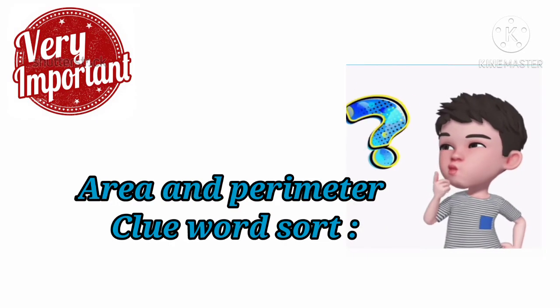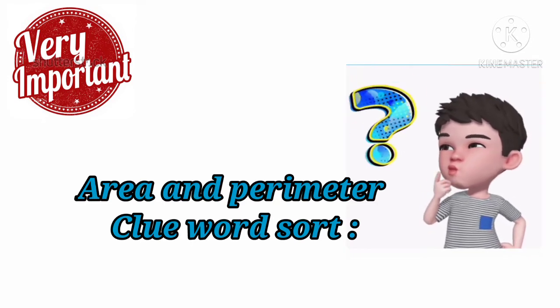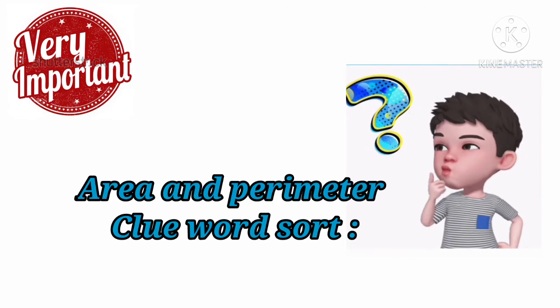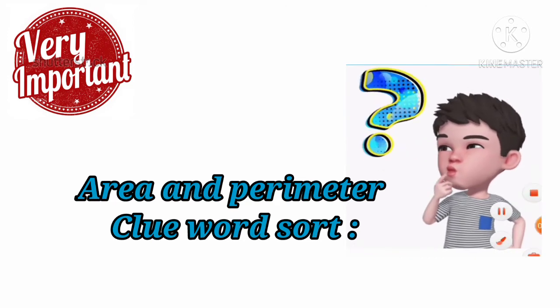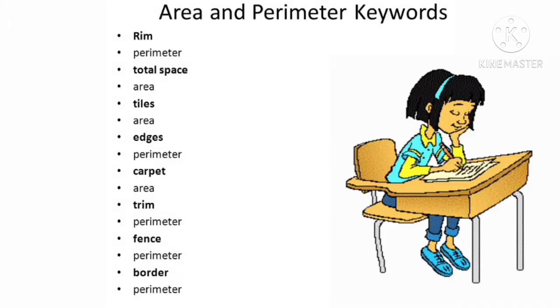Before doing the problems, I want to give you some keywords which represent the area as well as the perimeter. It will help you to do the word problems without any doubts. The words rim, edges, trim, fence, border represent a perimeter. Total space, tiles, carpet represent area.